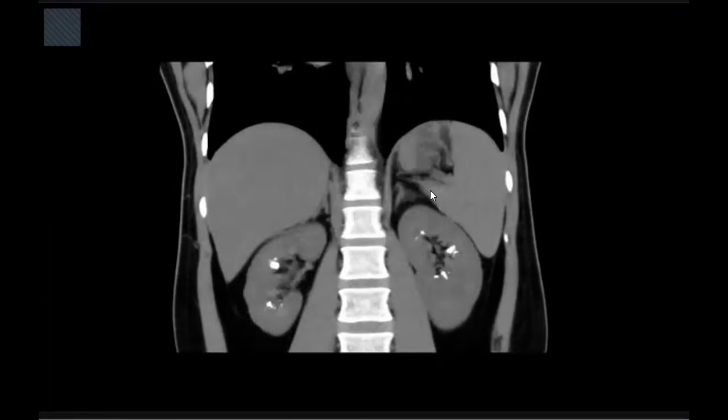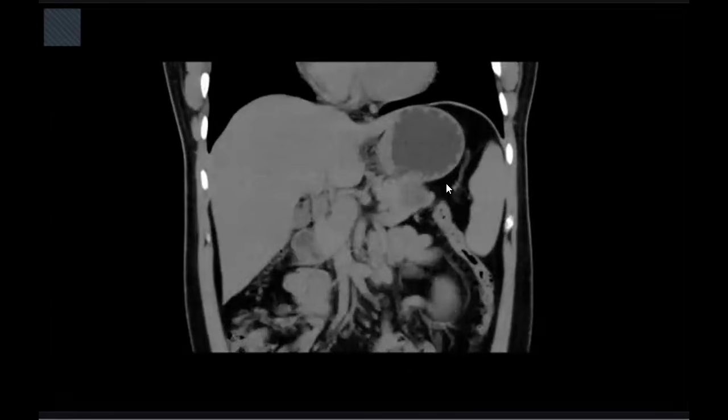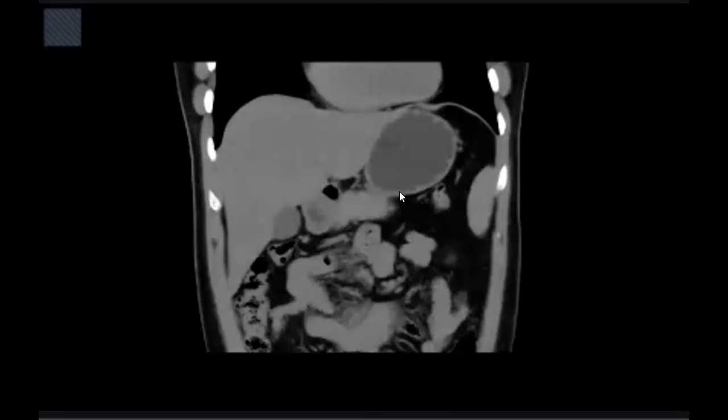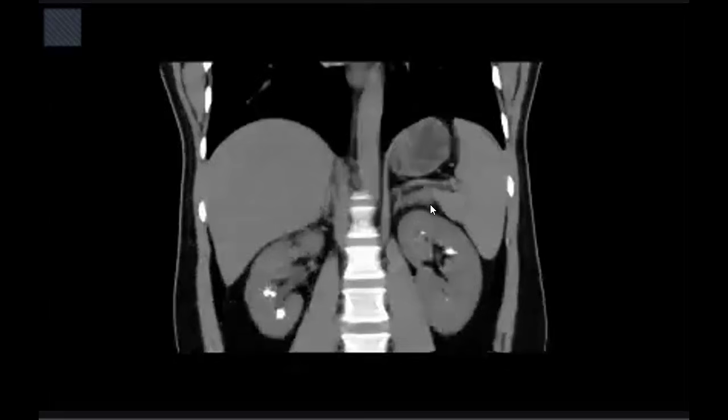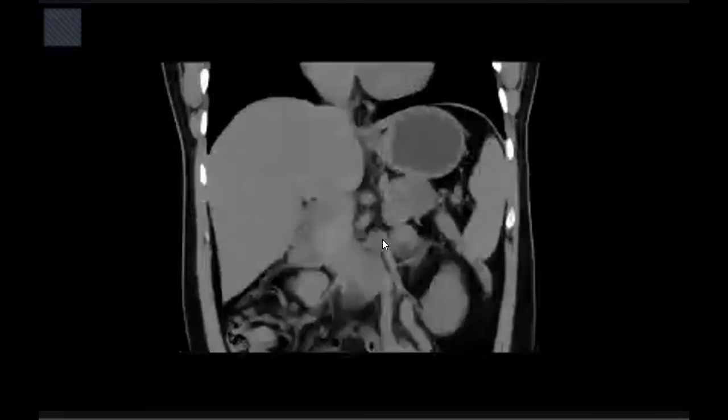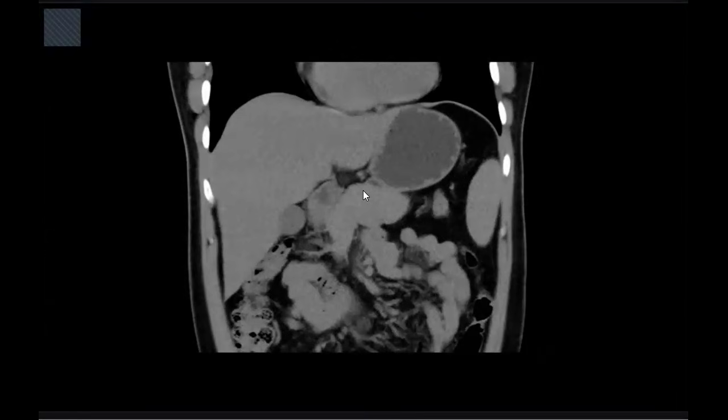Or maybe it is from the tail of the pancreas. I would still like to further delineate this area on the sagittal plane as well. Apart from this, I would like to look at the bone window to see whether hyperparathyroidism is the cause of this medullary nephrocalcinosis.